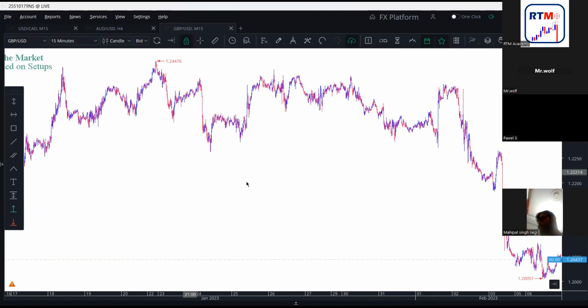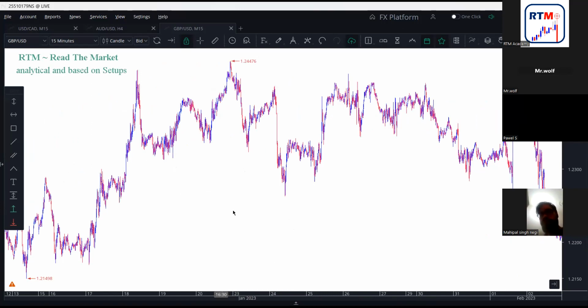But the way that we trade is something in between. We combine the analytical and based on setups together. We solve the contradictions of the analytical with the setups. Let me give you some examples in a chart.